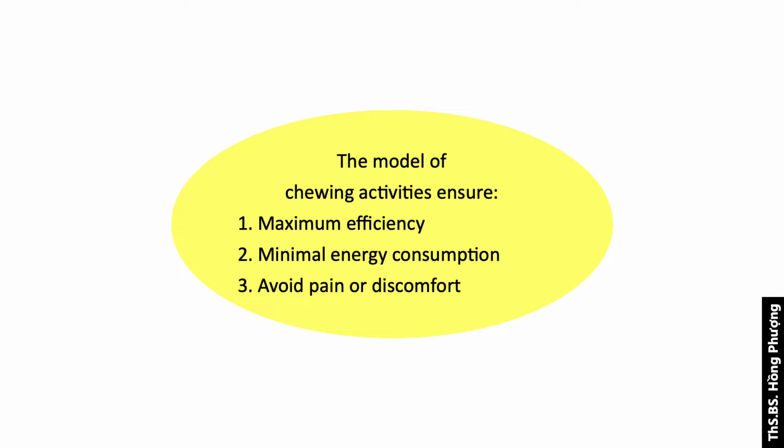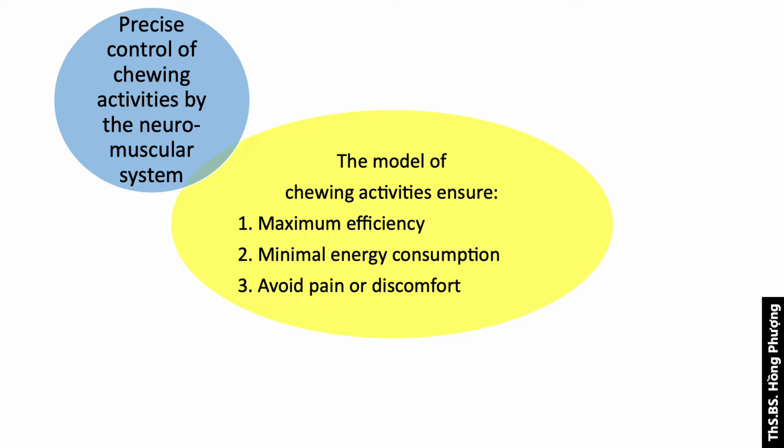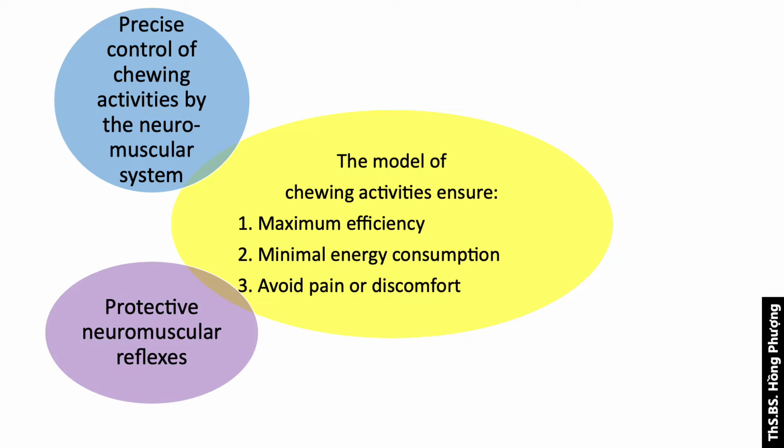The model of chewing activities must ensure maximal efficiency with minimal energy consumption and avoid pain or discomfort through the precise control of chewing activities by the neuromuscular system with protective neuromuscular reflexes.